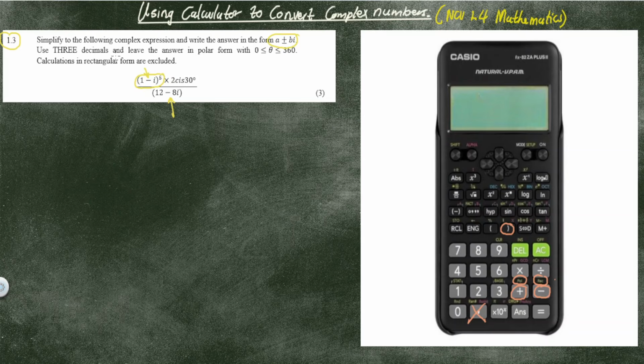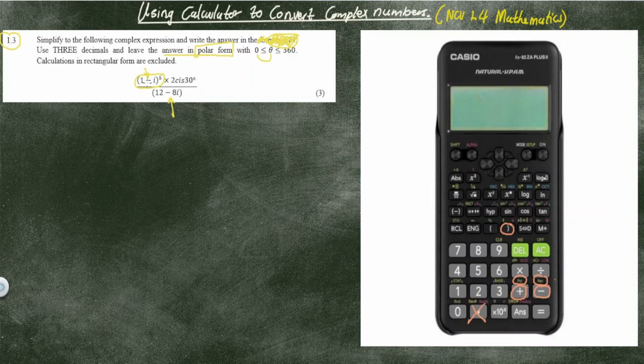Use 3 decimals and leave the answer in polar form, not in standard form, but in polar form, where theta is between 0 and 360. Calculations in rectangular form are excluded.